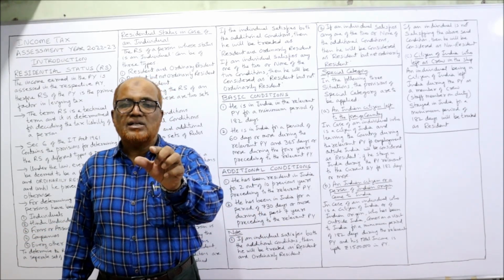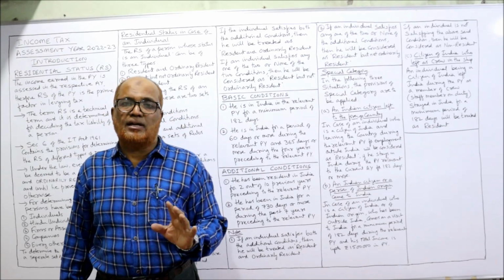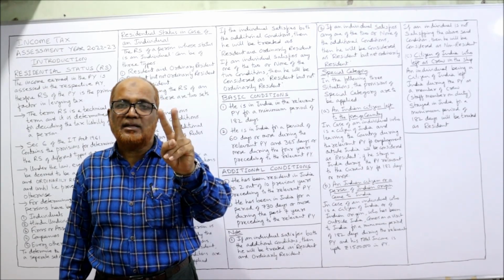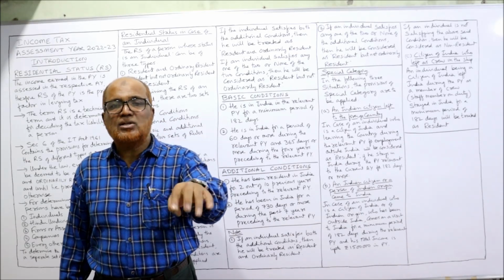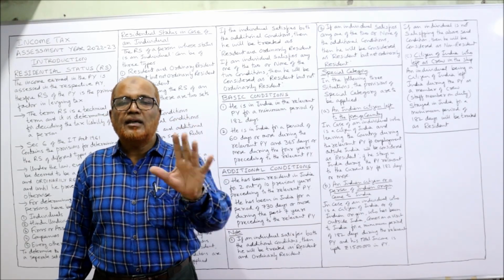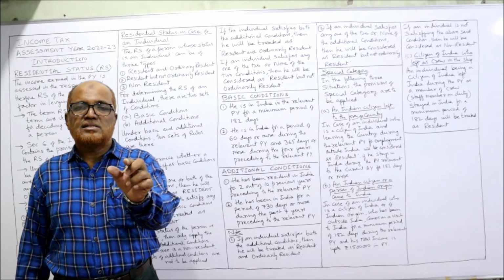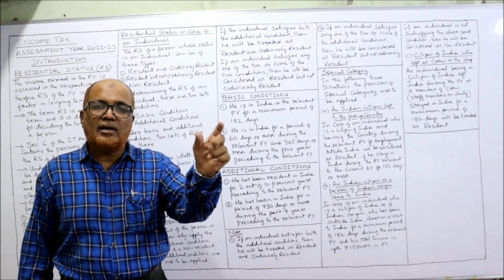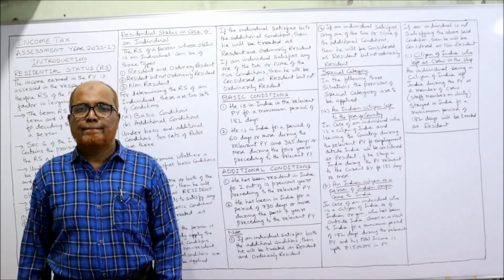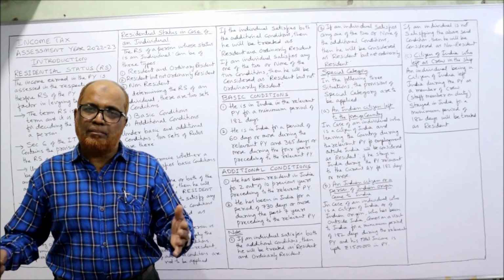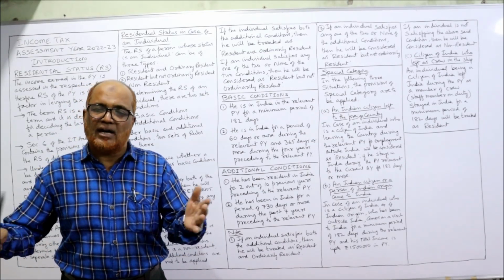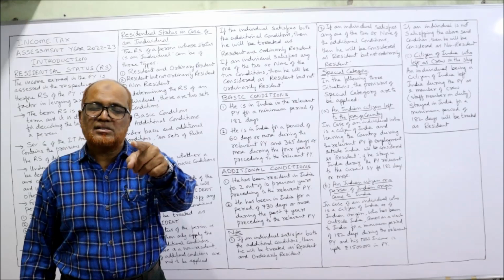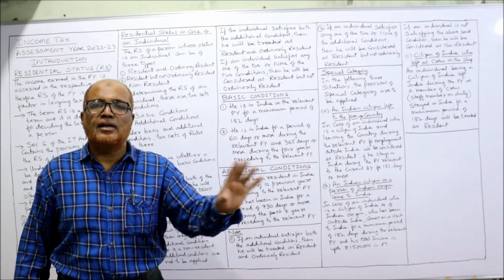If the individual satisfies both the additional conditions, two additional conditions are there, and he has satisfied both, then his status will be resident and ordinarily resident. That means he has satisfied the basic conditions, he has satisfied the additional conditions, so his status is resident and ordinarily resident.